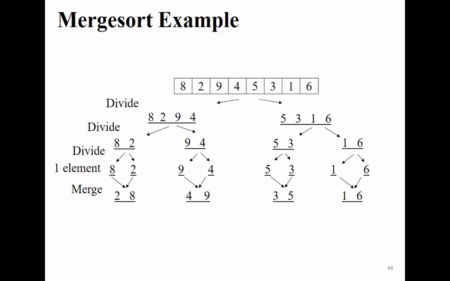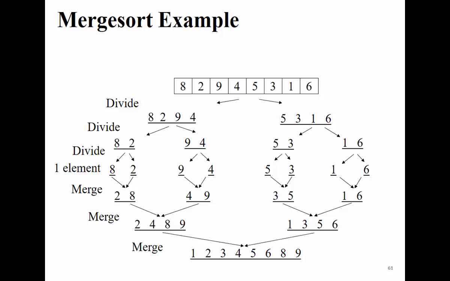You end up with 4 segments. Each segment is 2 elements, but these segments are already sorted. Now you merge them again, with the same methodology. You see here how many comparisons I need to merge 8 and 2: 1 comparison. Here 1. Then this is 4, and then we end up with the array.